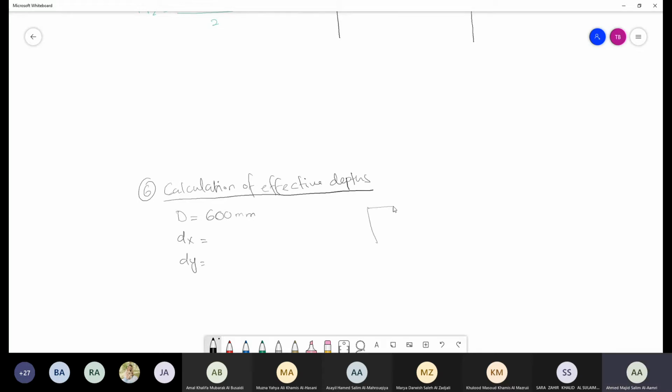We said D capital is the full depth, dx is going to be till the center of reinforcement of x, and then we have dy till the center of reinforcement of y. So this is D capital, this is dx, and this is dy.